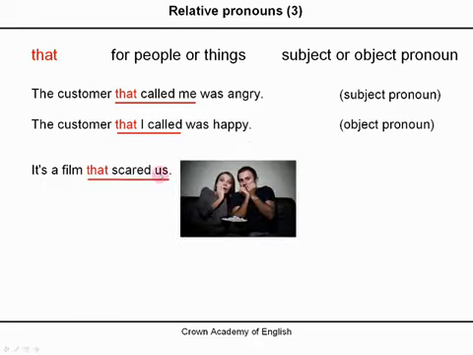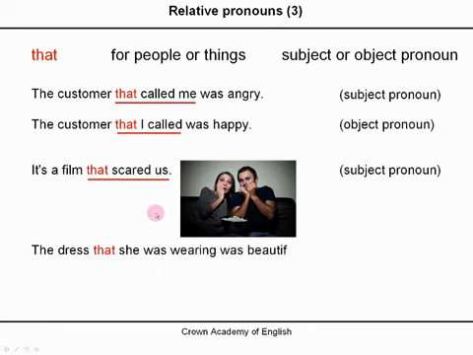It's a film that scared us. So here, that is referring to a thing, film. And it is being used as a subject pronoun. The film scared us. The dress that she was wearing was beautiful.